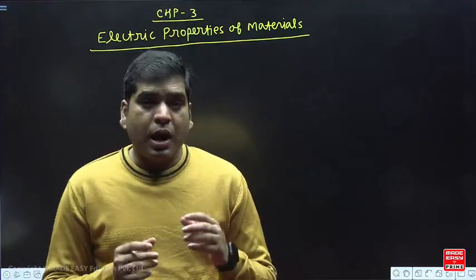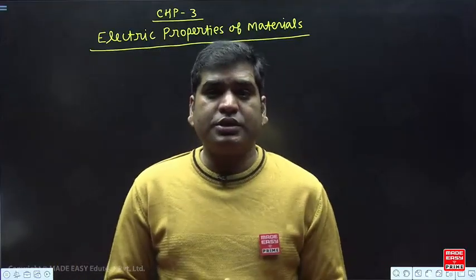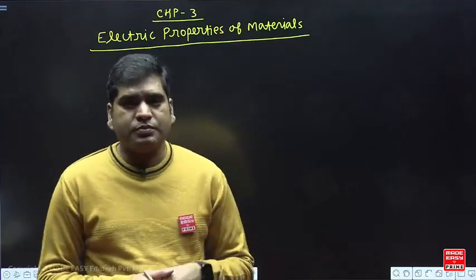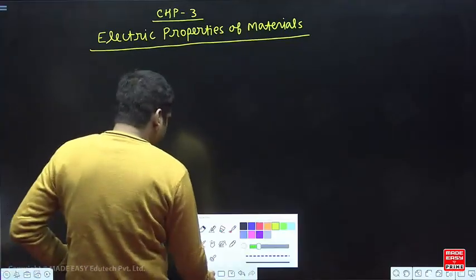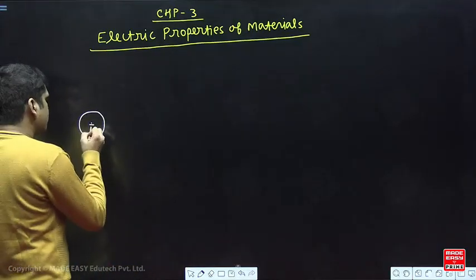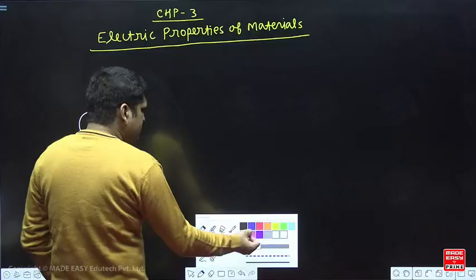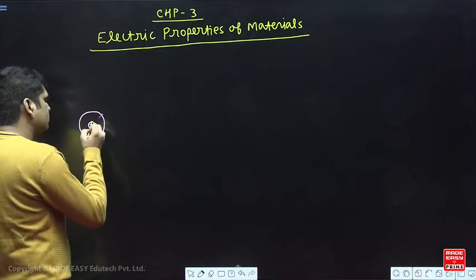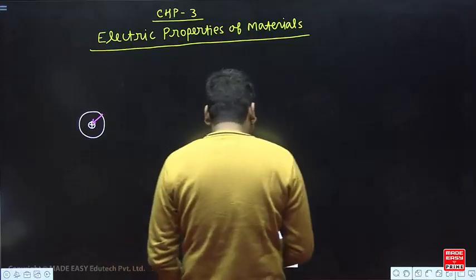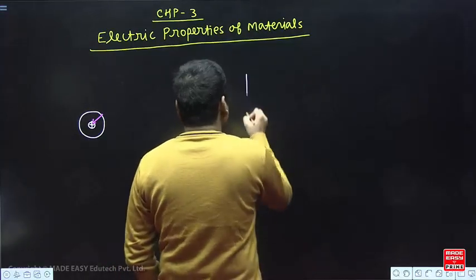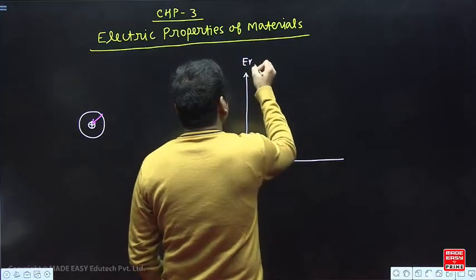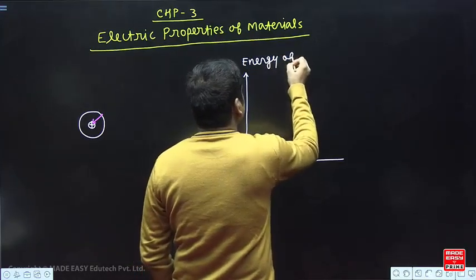My dear friends, up till now we have seen that the energy of electron depends upon several factors. For example, suppose we have one atom, this is the atom, and this is the nucleus. So this nucleus is attracting this electron, and because of this attraction force, this electron is having some amount of energy, and in an atom this energy of electron is plotted like this, energy of electron.